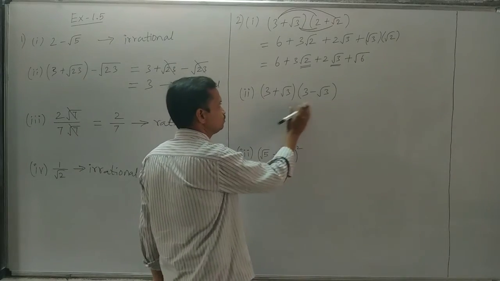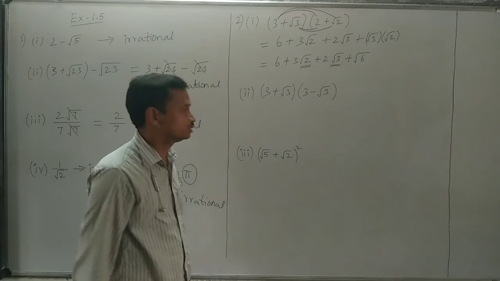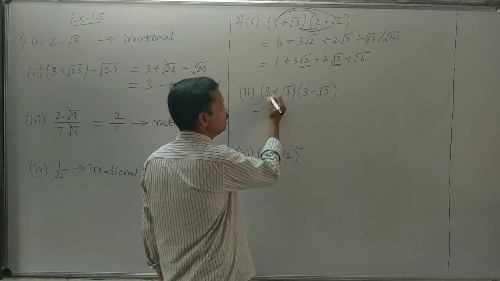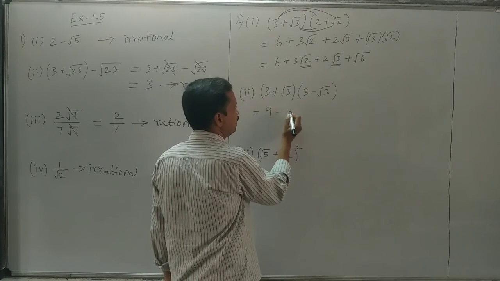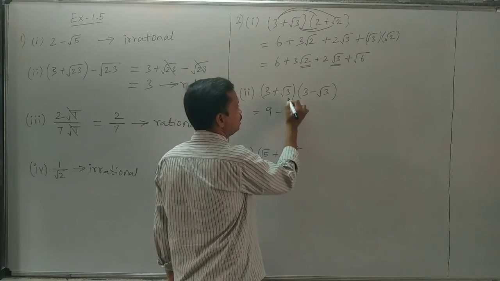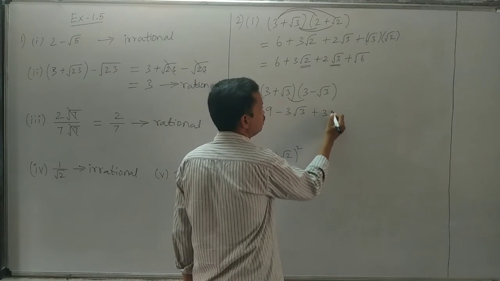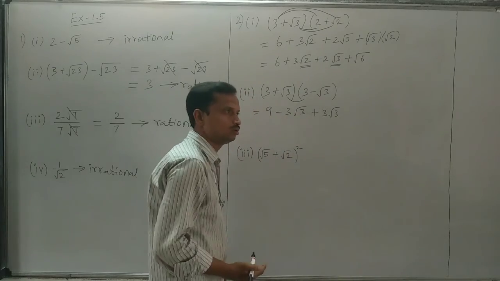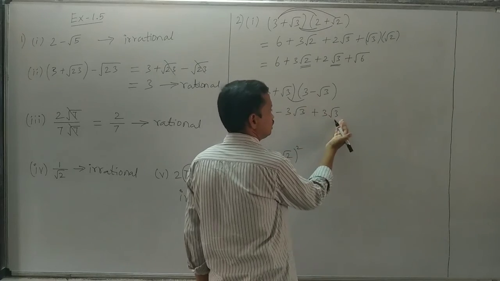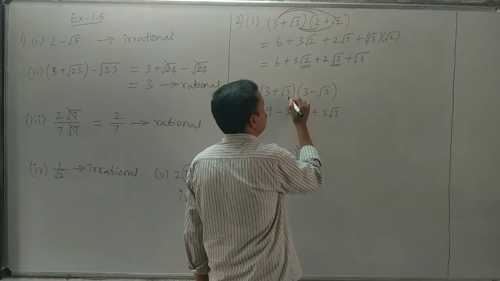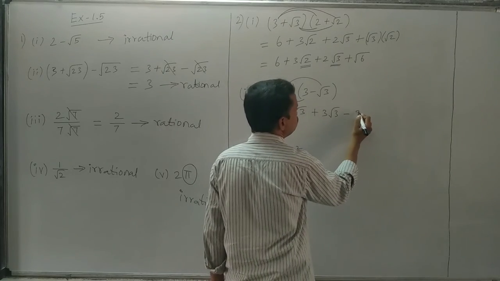And now here 3 plus root 3 into 3 minus root 3, the second option. So we just multiply 3 into 3, 9, and then 3 into minus root 3, we get minus 3 root 3, and then root 3 into 3, so you get 3 root 3. And root 3 into root 3, plus into minus, minus root 3 into root 3, 3.